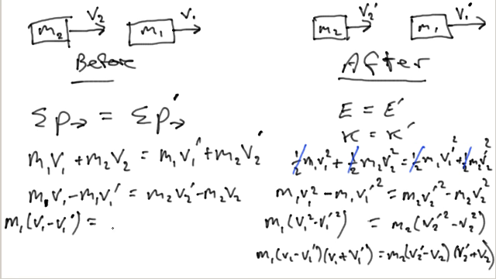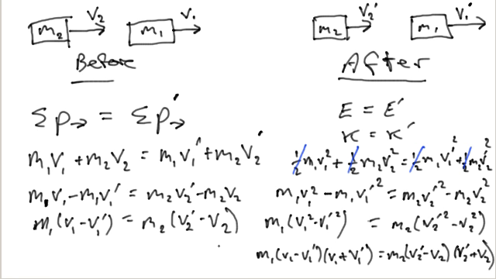So m1 times v1 minus v1 prime equals m2 times v2 prime minus v2. Now I'm going to call this equation 1.